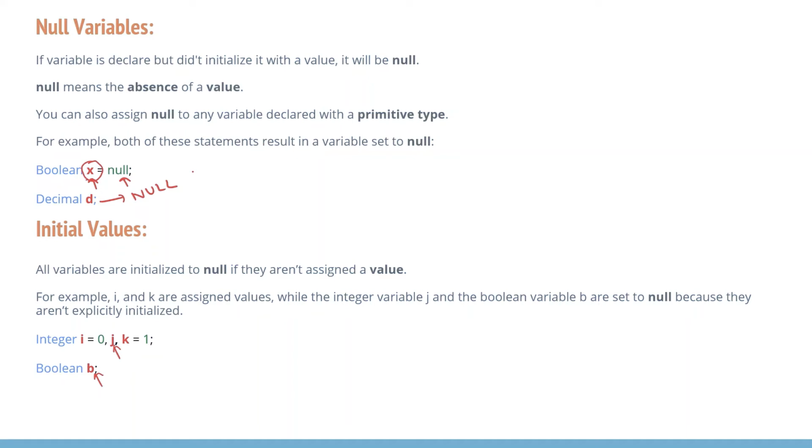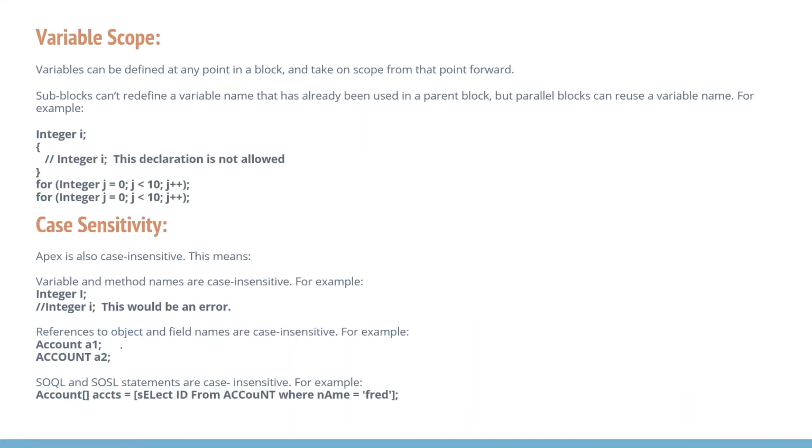So we have just declared some variables, and we have some variables we have initialized at the same time as declaration. So the value of i will be 0, k will be 1, and the values of j and b will be null because we have only declared them. We have not initialized them with a particular value.